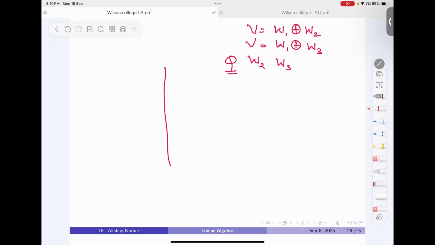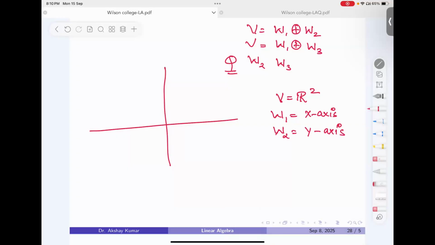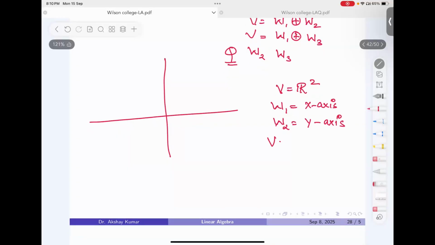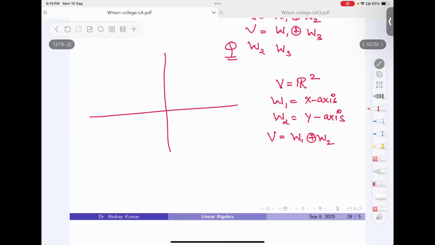Suppose you take this example. Suppose your V is R2. Take W1 as your x-axis and W2 as your y-axis. Is V equals W1 direct sum W2? Yes, sir.